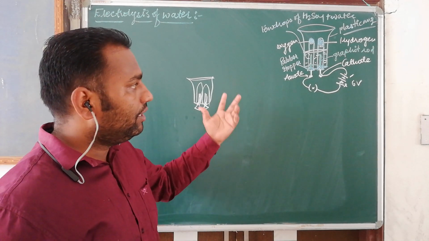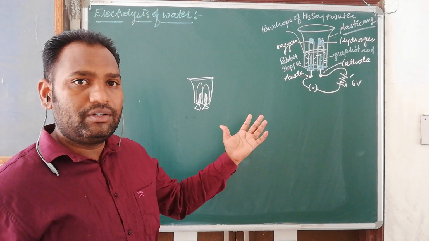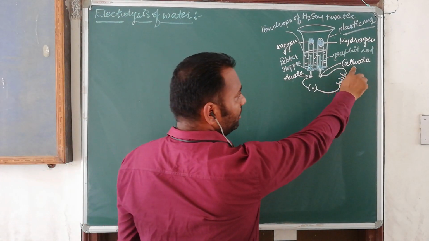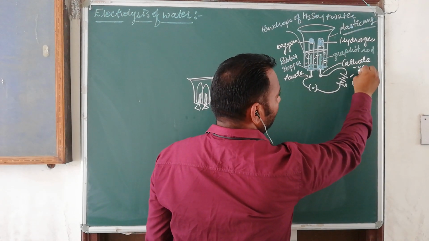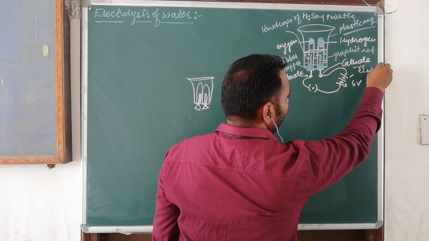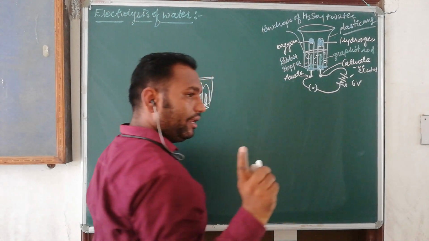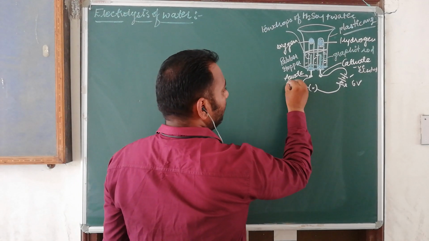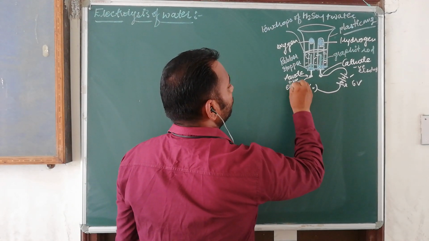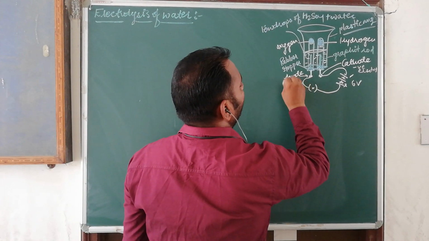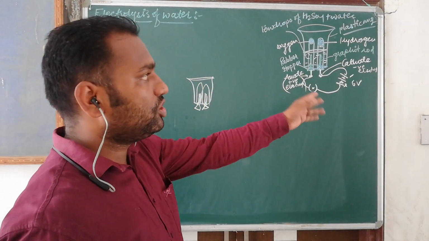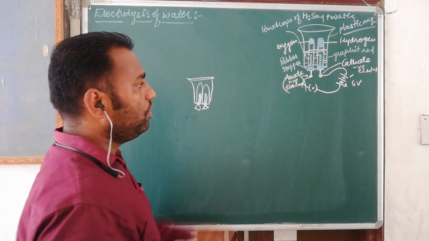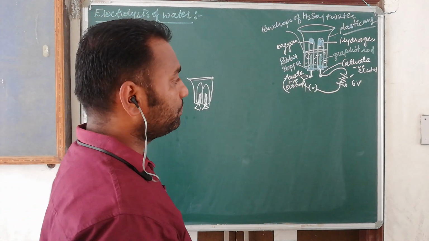The anode is the positive electrode and the cathode is the negative electrode. For ions, it is reversed: a positive ion is known as a cation and a negative ion is known as an anion.